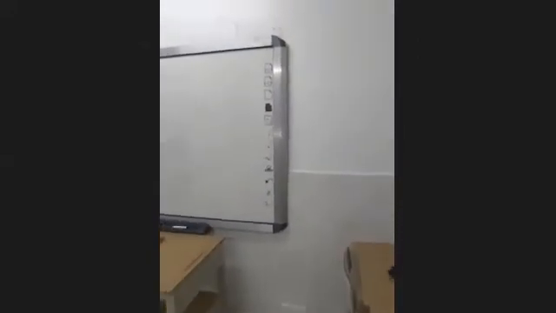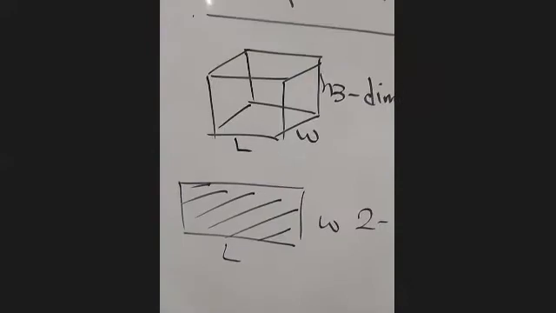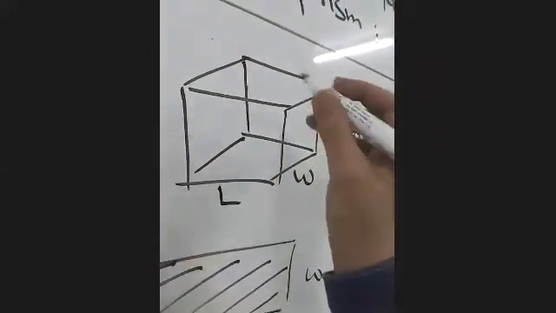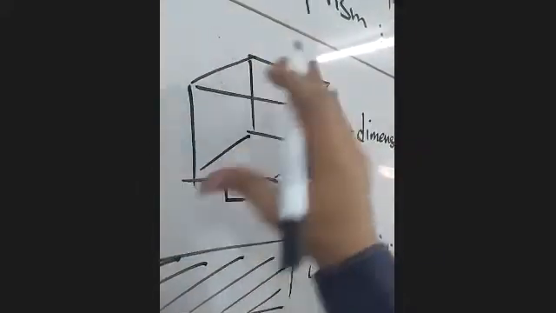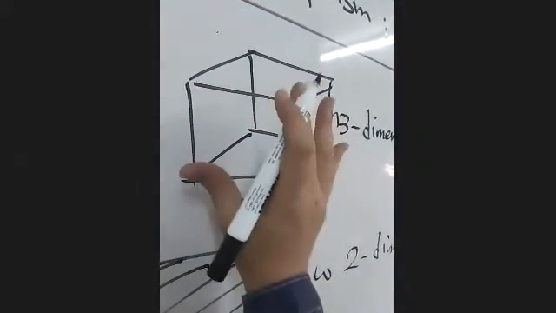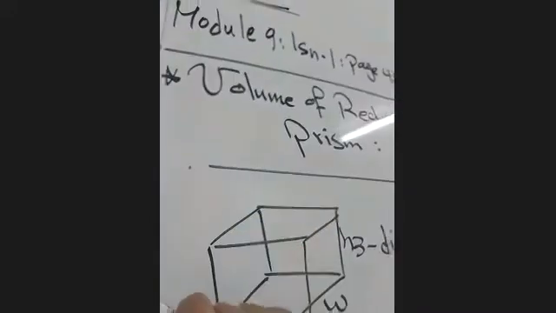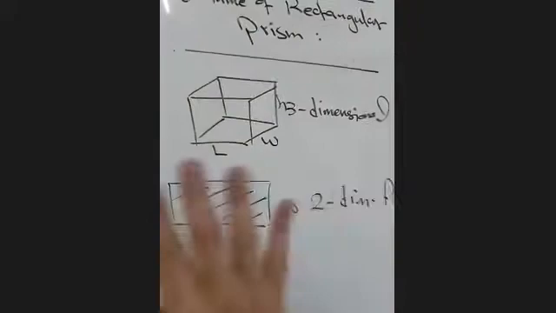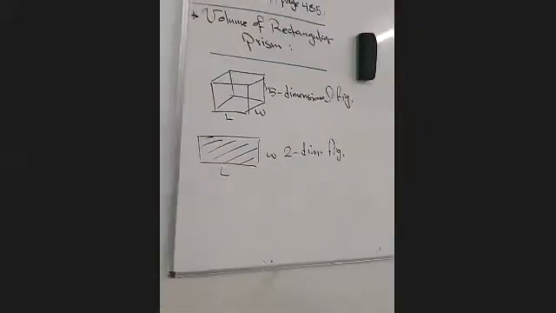The volume is how much water we can put inside this room, meaning how much space is in this room. If you want to put water inside this rectangular prism, the amount of water to fill it, we call it volume. So the volume and the area are totally different from each other.